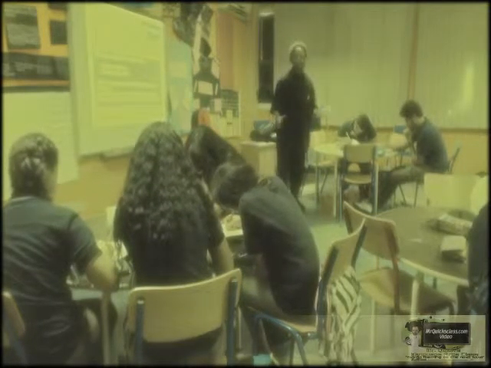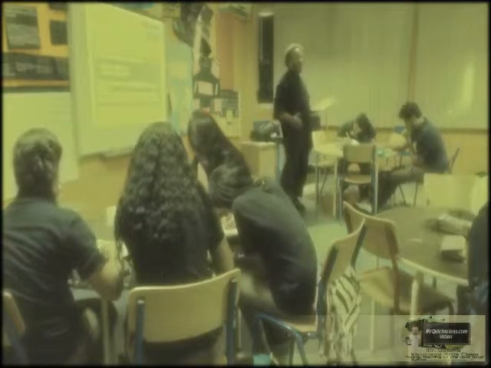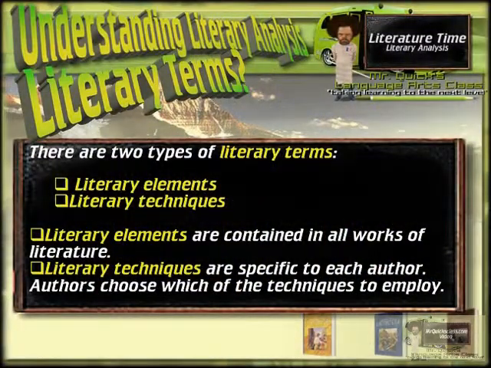So when it comes to literature, the author is not required to use all of the techniques. He can use some, he cannot use some, it's up to him. So this is how technique is different from element. You don't have to have it in what you're writing.